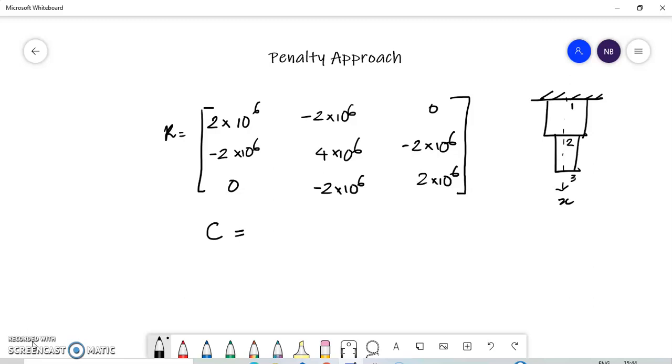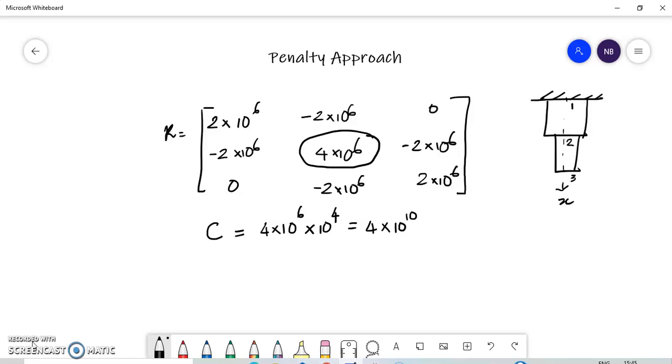If we see this matrix here, the maximum value is this, that is 4 into 10 to the power 6. This we have to multiply by 10 to the power 4. So C is 4 into 10 to the power 10. Since node 1 is fixed, we should add the C value to the first element of the matrix, so as to balance the C value which is very large.